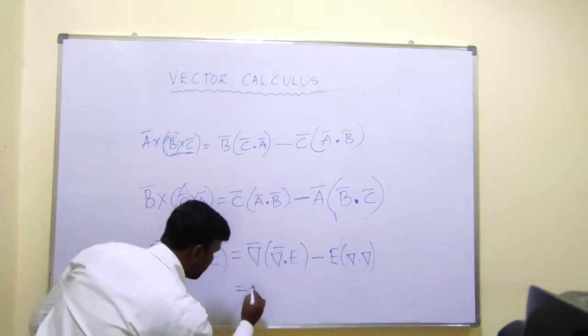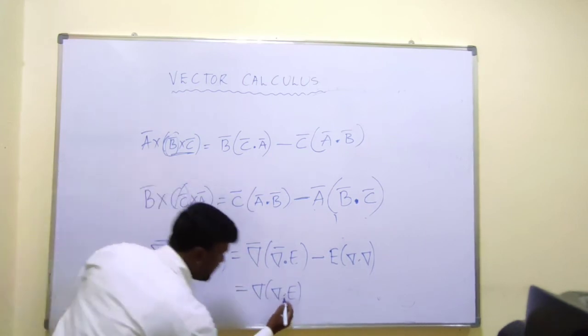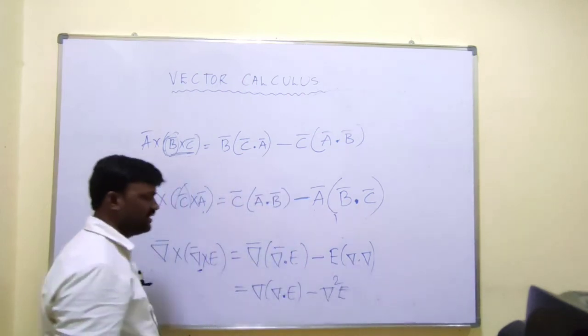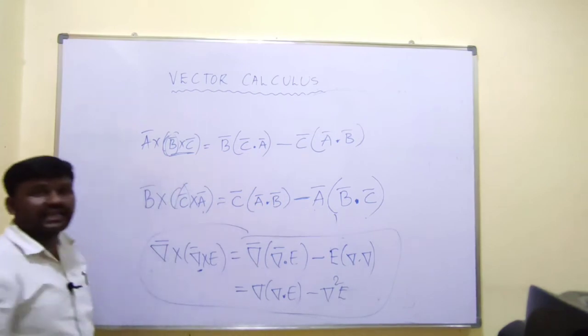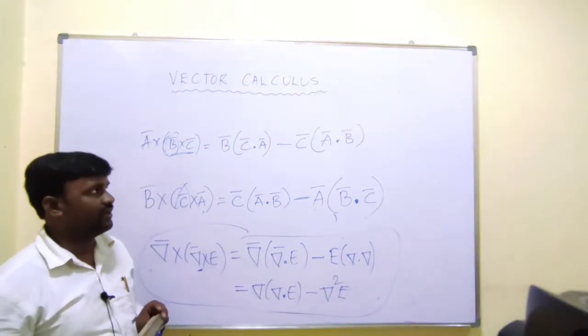Simplify this one and we will get del of del dot E minus del square E, since del dot del is del square. It can be useful to derive the electromagnetic wave equation.